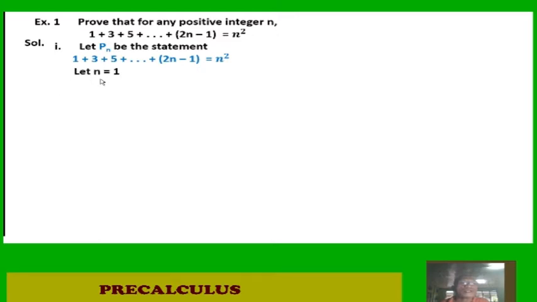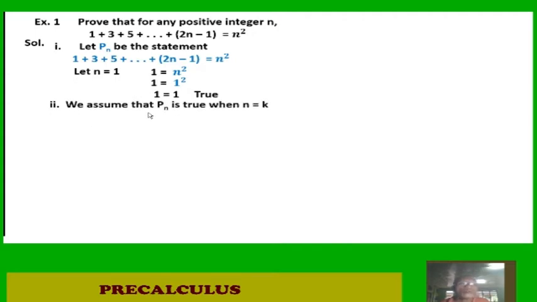Then let n equal 1. So replace n with 1. Since n is only 1, we take 1, bring down n squared, substitute 1 for n, and simplify. So 1 equals 1 is true.